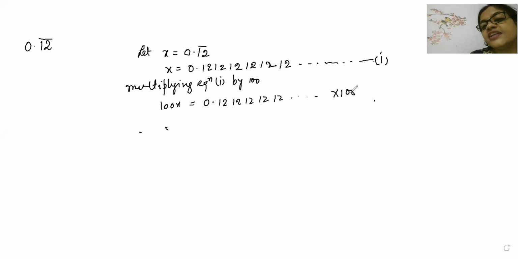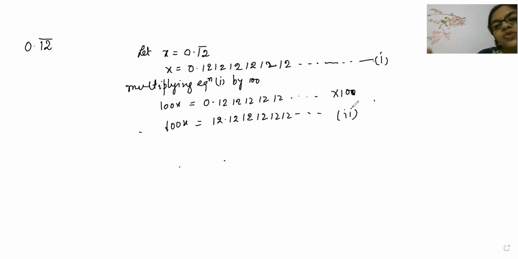Now beta, 100 has how many zeros? 2 zeros. So the decimal will shift how many digits back? Very good, it will become 12.1212121212. It is coming as equation 2. Now subtract equation 1 from 2.